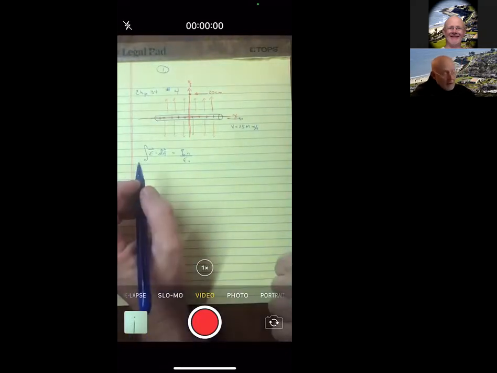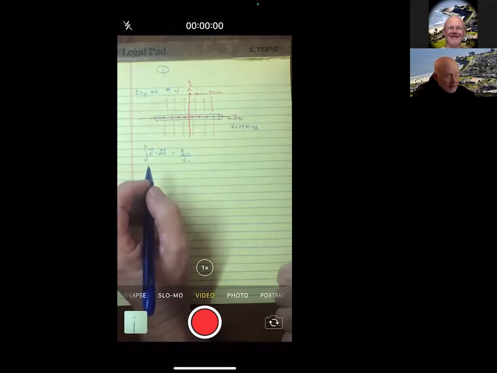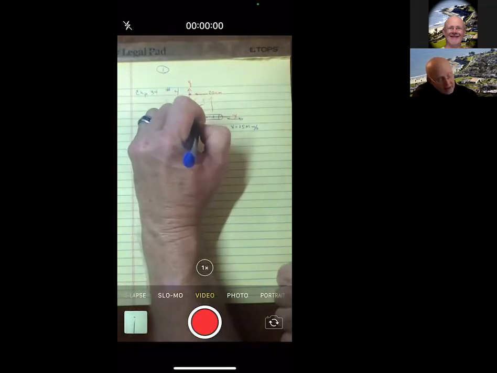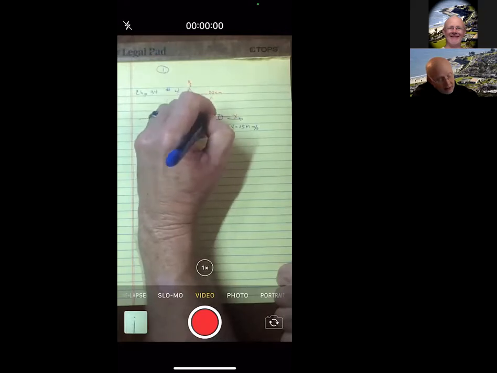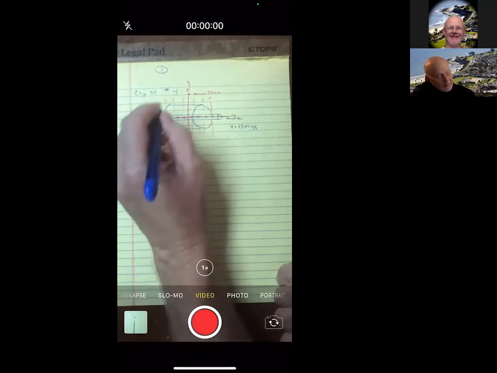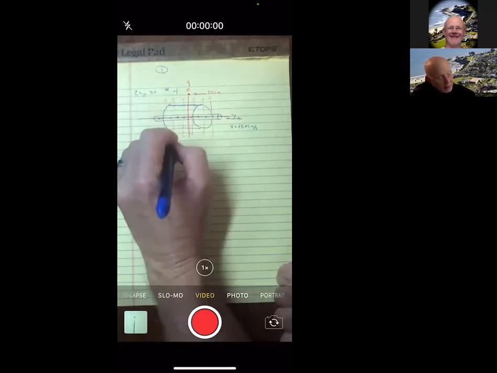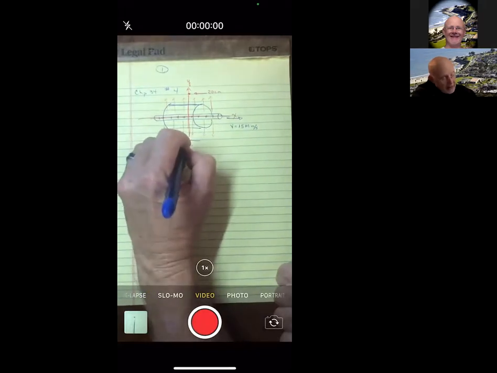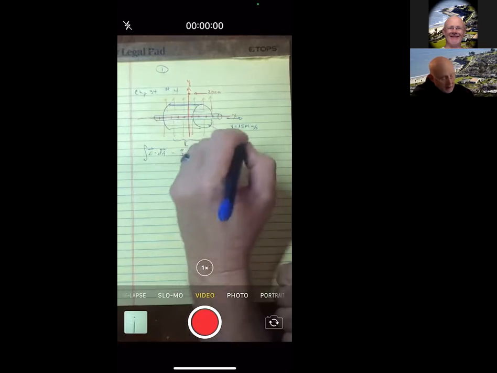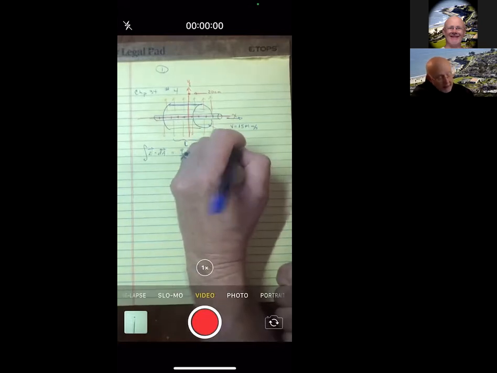Now, we did some Gaussian surfaces. Let me try to draw a Gaussian surface. I'm going to make it here in blue, and maybe make it a cylinder of length L and these end caps of area A.